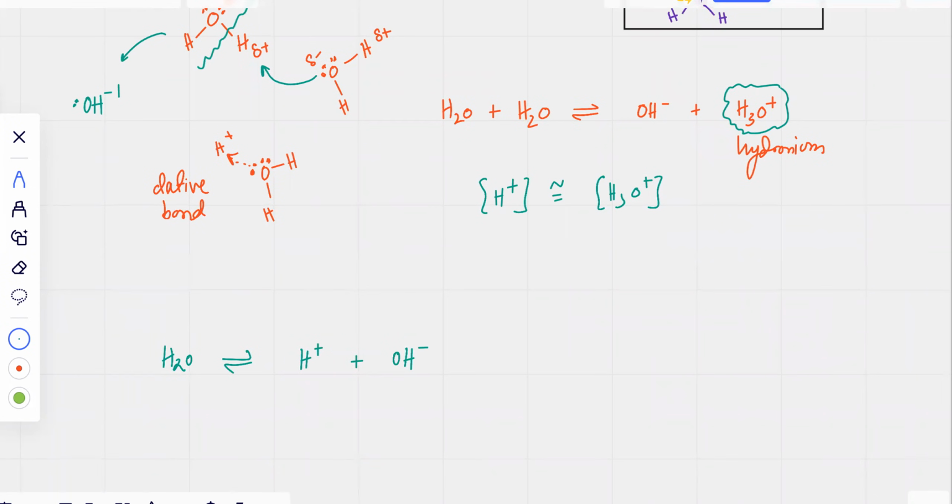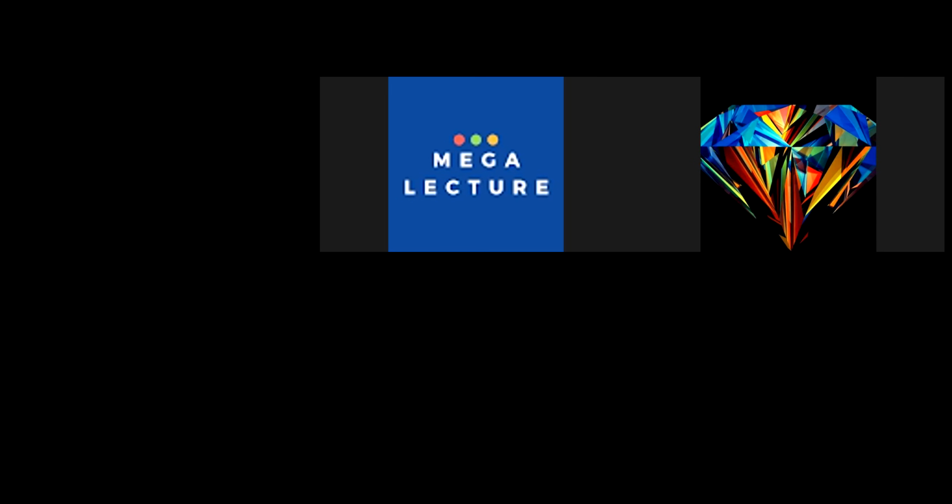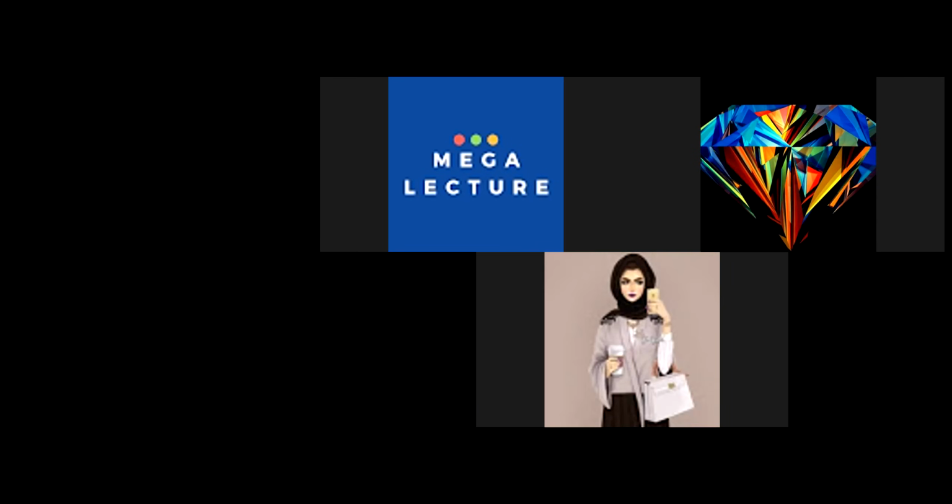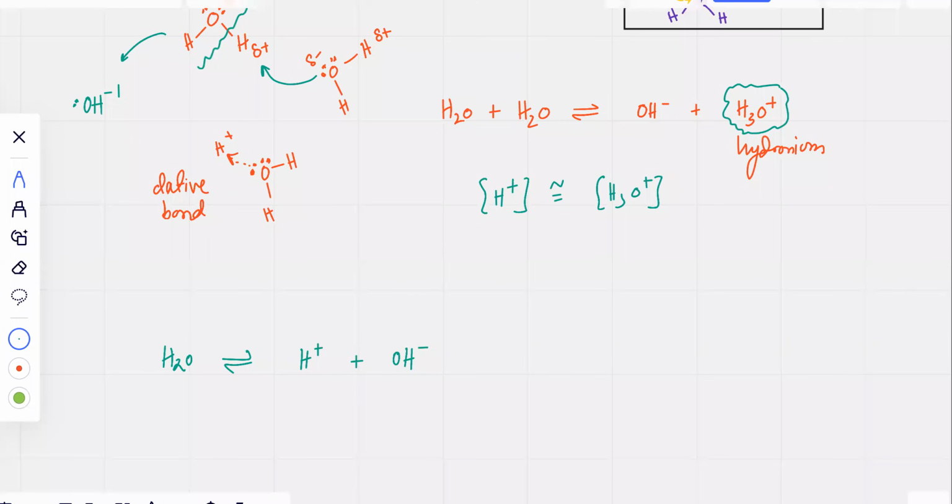Now, in your exam, what's going to happen is both equations would be used interchangeably. Some questions would be using this equation for dissociation.